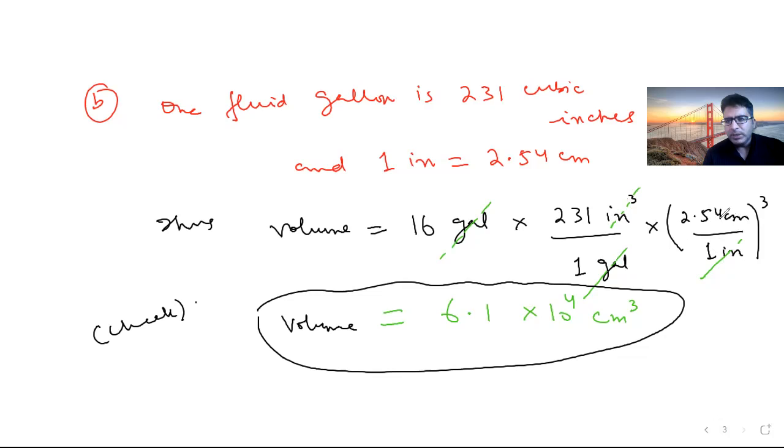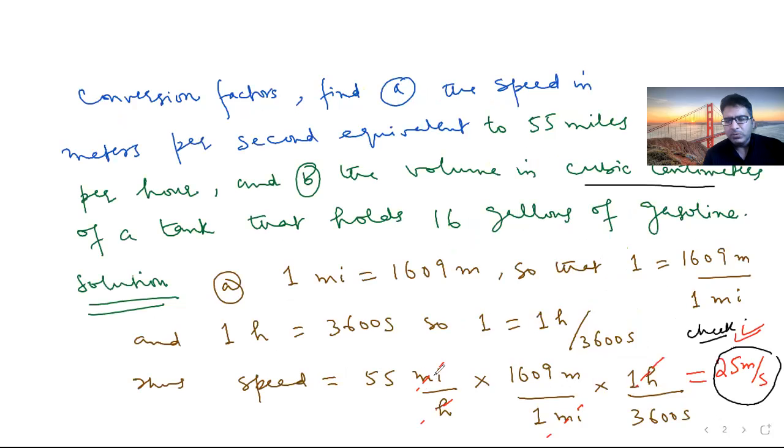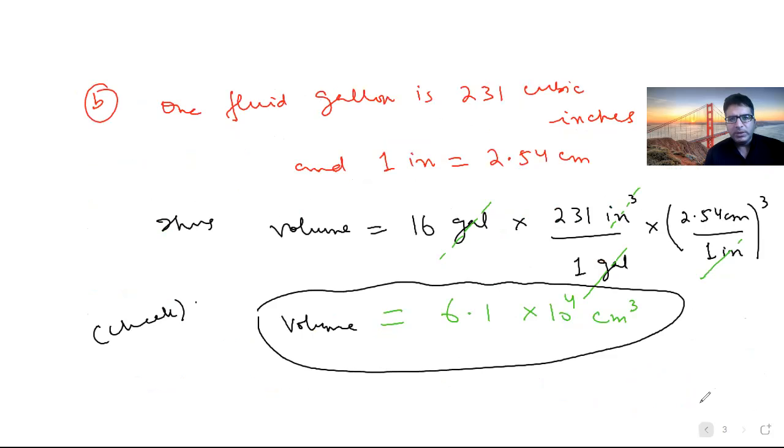I wanted centimeter cube, so I multiplied it by 1 cube. The same is the case here. I wanted to remove this hour and this mile. I wanted in the numerator meter, and in the denominator, I wanted second, so I got rid of this hour and I got second. In the numerator, I got rid of mile and got the meter. This is how we convert units.